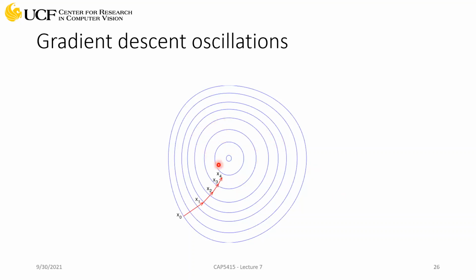So this is a two-dimensional, let's say, loss function, and the center over here is like the minima. This is kind of a dip, and these are like high loss values. So when you randomly initialize your network weights, let's say that's x0, then ideally you want to move towards this direction and reach this point, right?